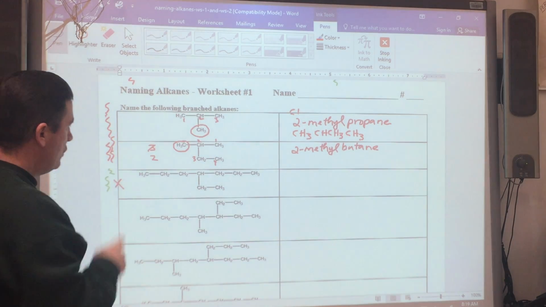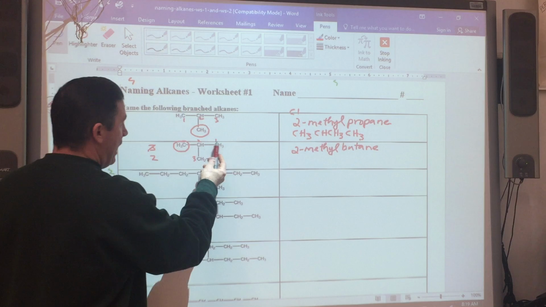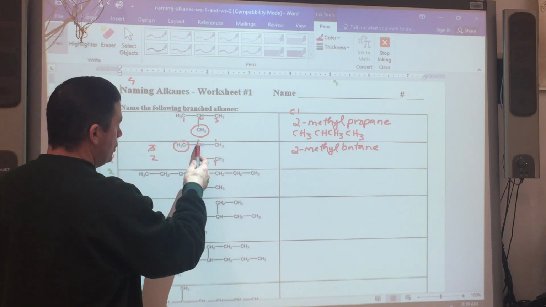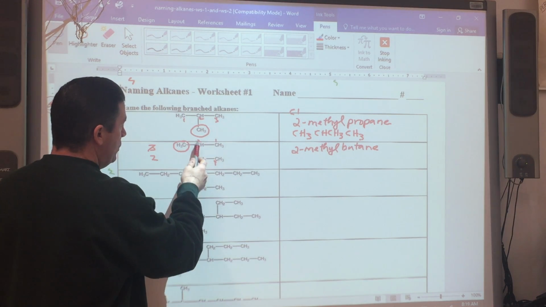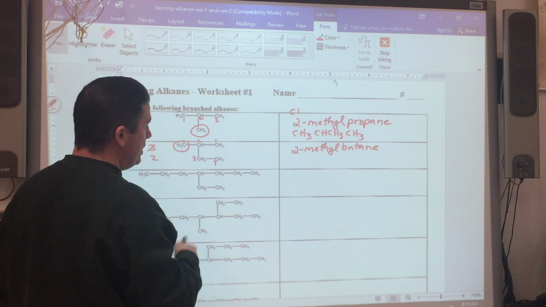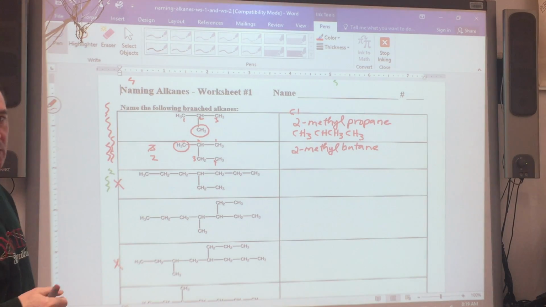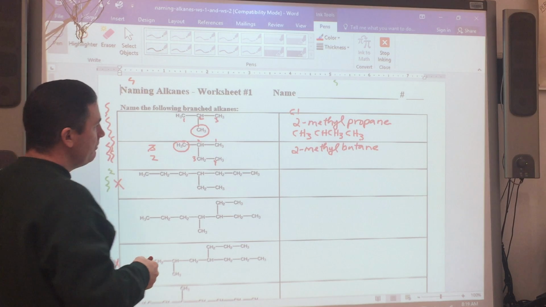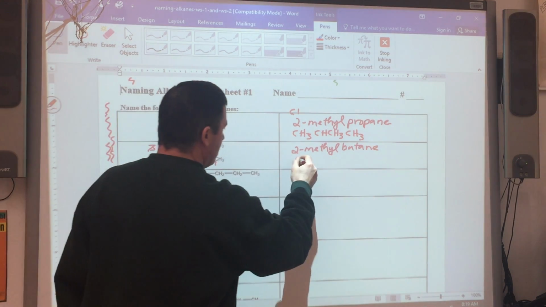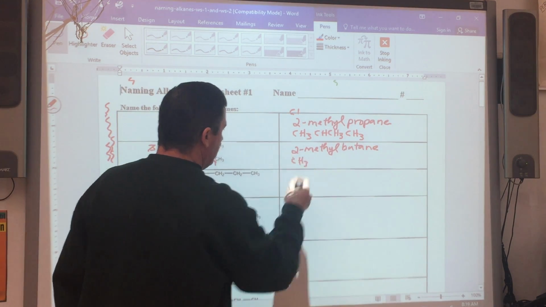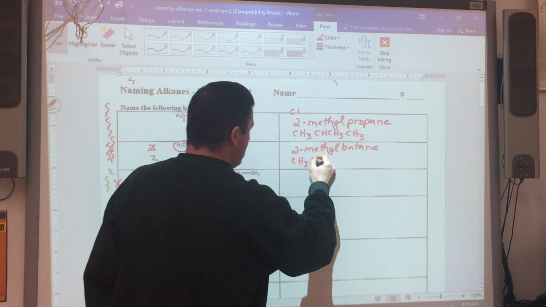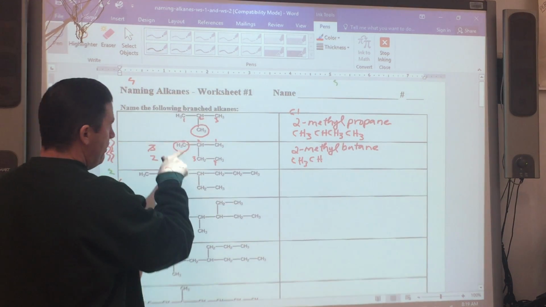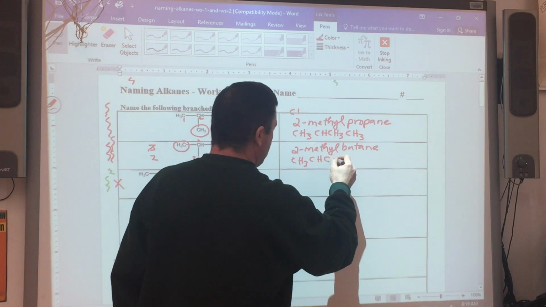Okay? See if we can do this one. I've already got it named. 1, 2, 3, 4. So this is 2-methylbutane. Butane meaning 4, and 4 is my longest chain. So we're going to start here. It's just going to be CH3. Then I've got a CH. Then a CH3.